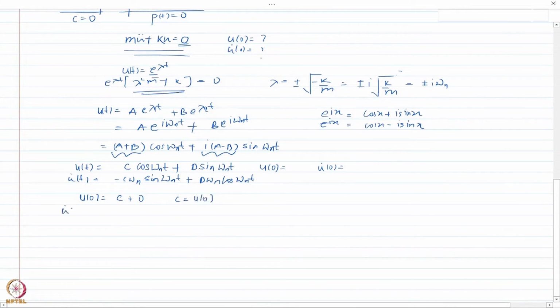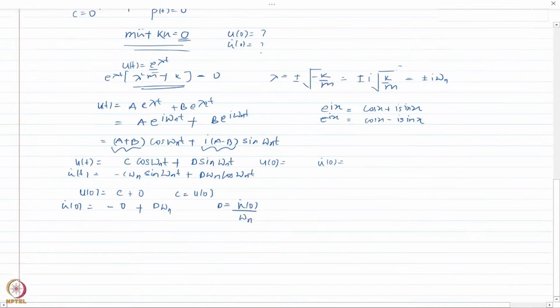Now u dot 0 would be equal to 0 plus d omega n, and the value of cos omega t would be 1. So that gives me the value of d as u dot 0.